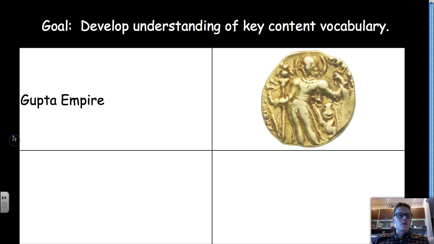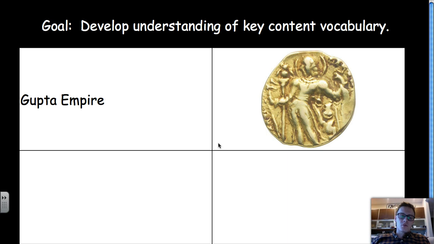Today what we're going to be focusing on is the key vocabulary, the key content terms that you just have to know to be successful with this. And if you're going to know anything about the achievements, you have to know what the Gupta Empire was. The Gupta Empire was an empire from around 320 CE to about 550 CE.